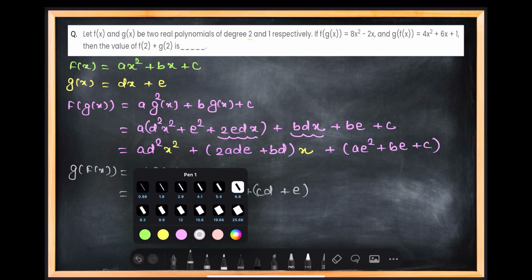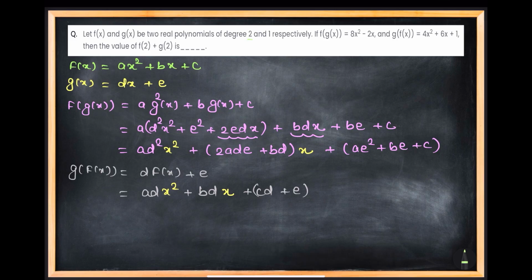Now what you have to do, you have to compare to get the variables a, b, c and d. Okay, till this part I hope you guys are okay with this thing. Okay, and let's proceed now. So first focus on f of g of x. This is our f of g of x.